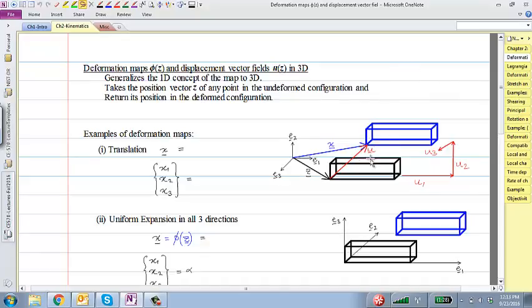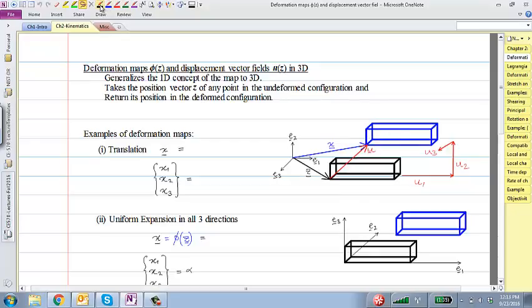So what we are going to say is that if I have some body in the undeformed configuration, which I'm showing, for example, here in black, we want to find out what is the corresponding position of each and every point in that body in the deformed configuration.